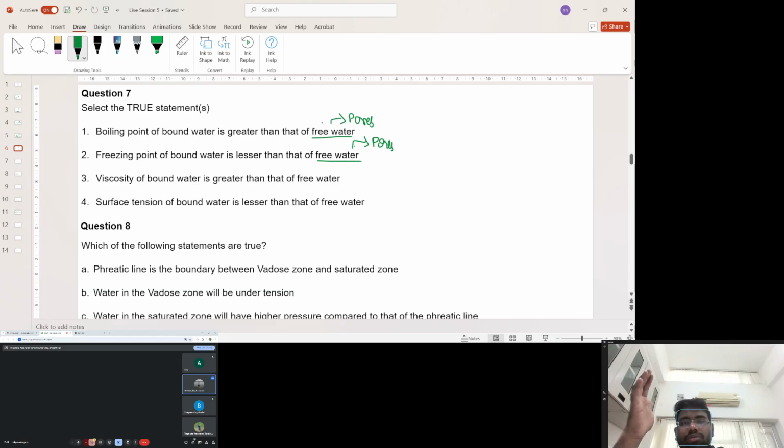Free water also means gravity water, so it is free from any forces of attraction from the soil grains.